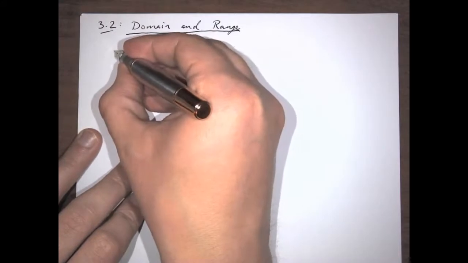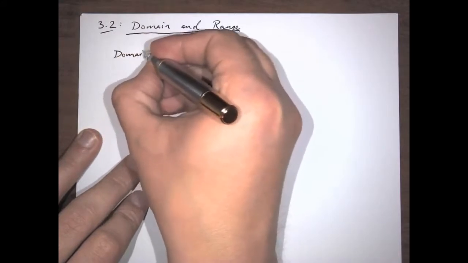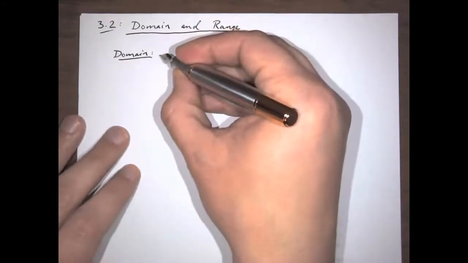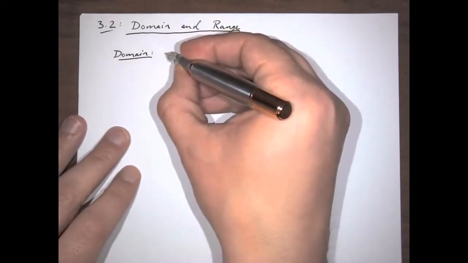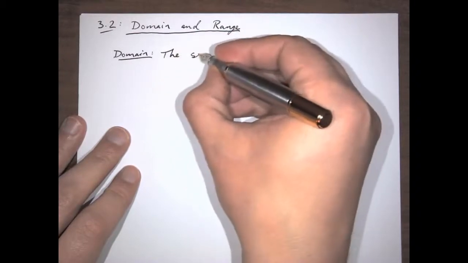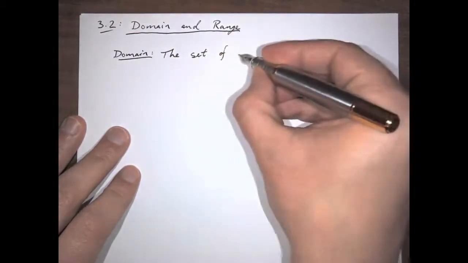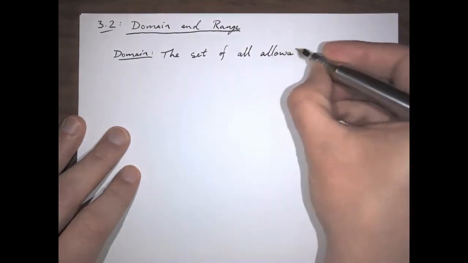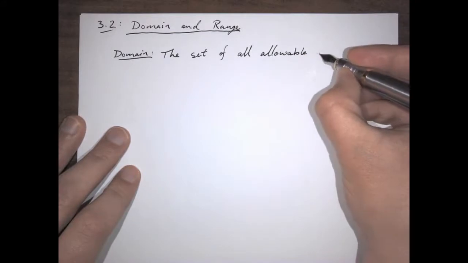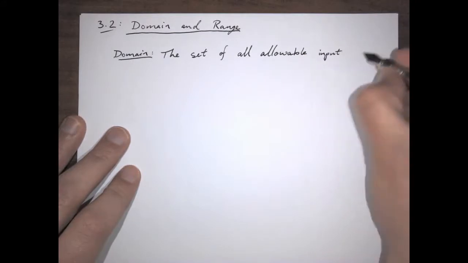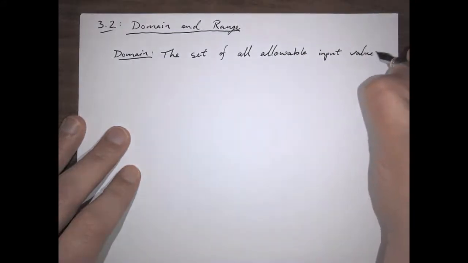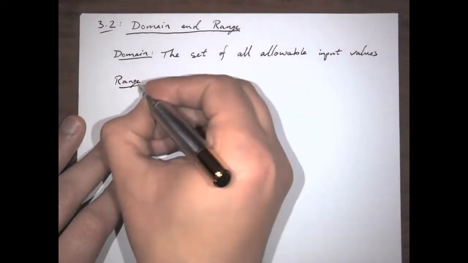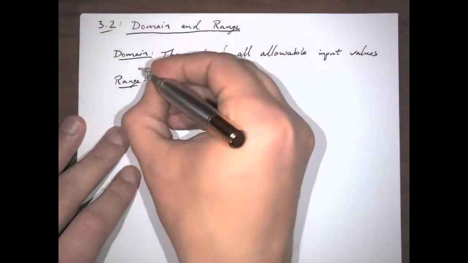So the domain of a function is the set of all allowable input values, versus the range, I should say, of a function.